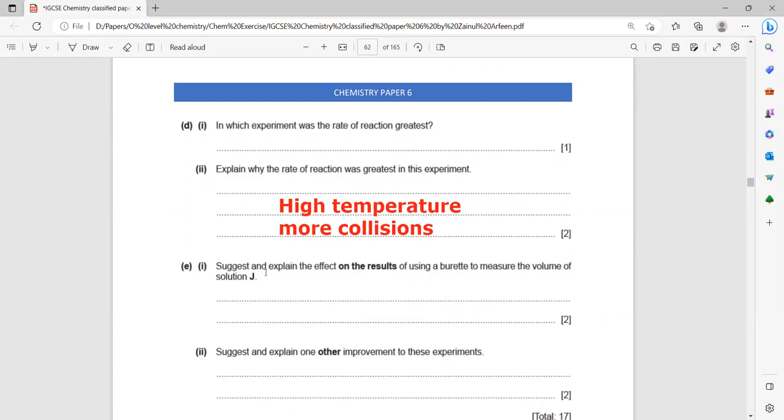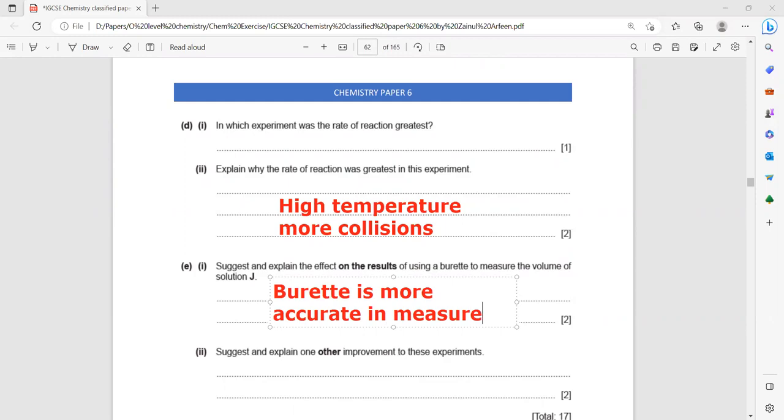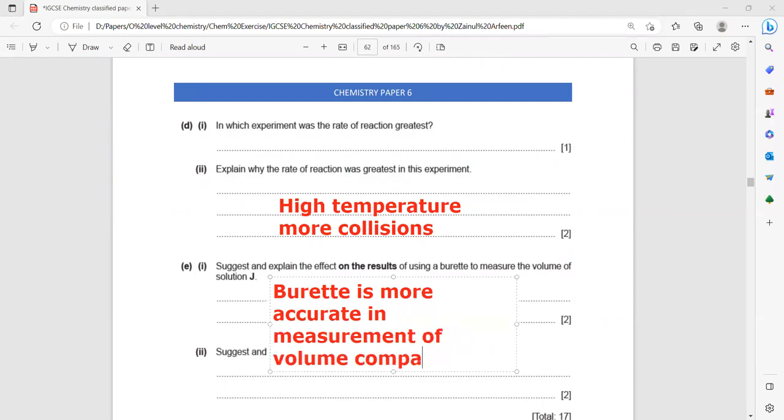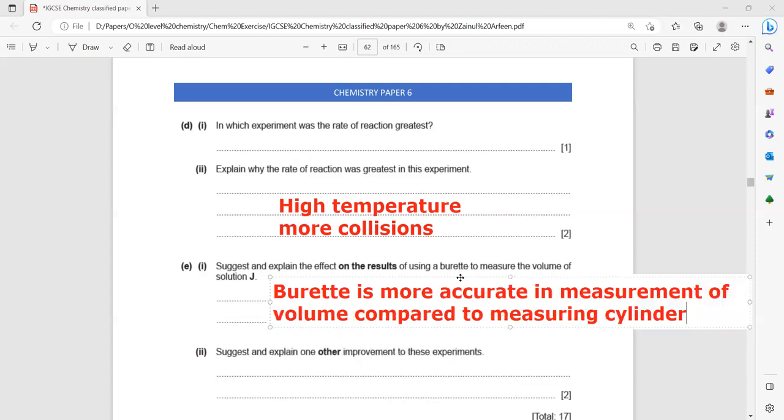The only thing is that the burette is more accurate in measurement of volume compared to a measuring cylinder. So overall, a negligible effect on time, a very slight effect.